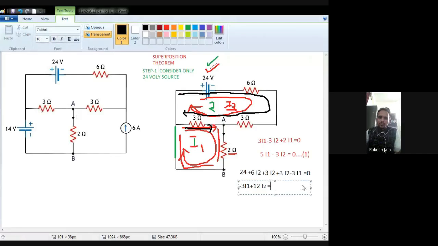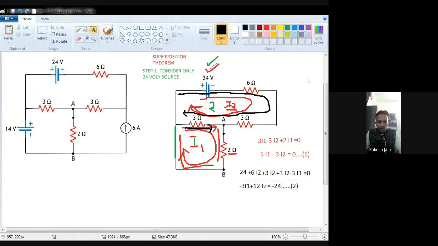So I can simplify it. 3I1 plus 2I1 is 5I1, minus 3I2, and that is equal to 0. This is my equation number 1 actually.